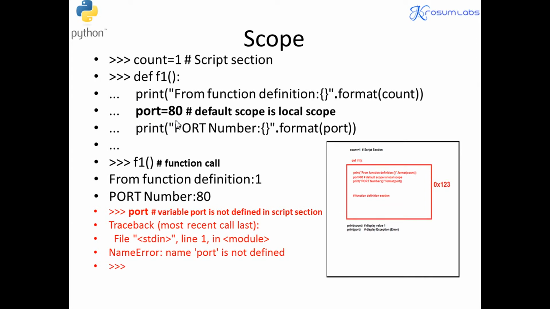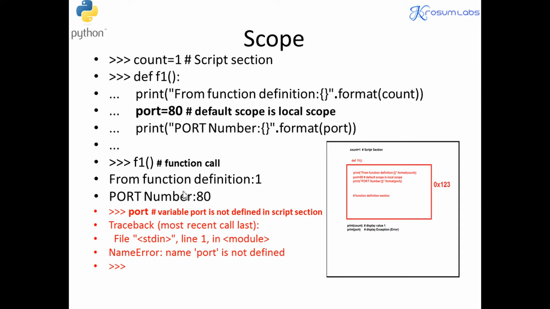If you come from shell script or other scripting languages like Perl, you can access a variable you declare inside directly from outside. But in Python, the default is local scope. We can't access this variable outside directly. We can access it only within the function.